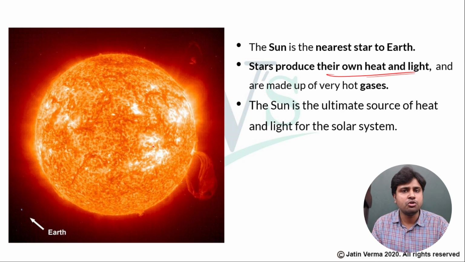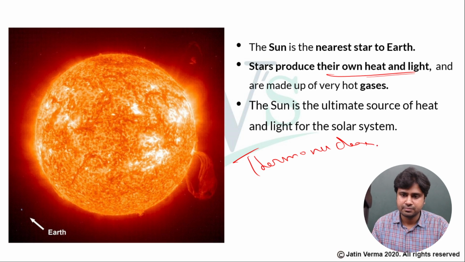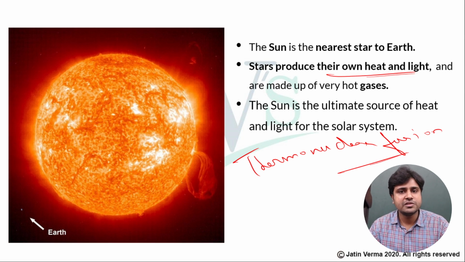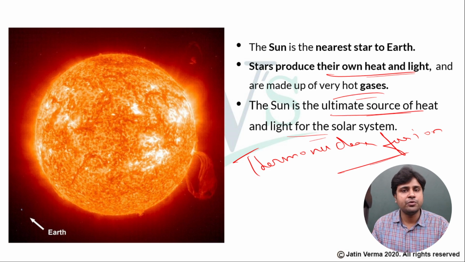Inside the core of a star, thermonuclear fusion happens, and due to this, a lot of light and heat are released into space. Stars are made up of very hot gases. The sun is the ultimate source of heat and light, not only for the earth, but for the entire solar system.